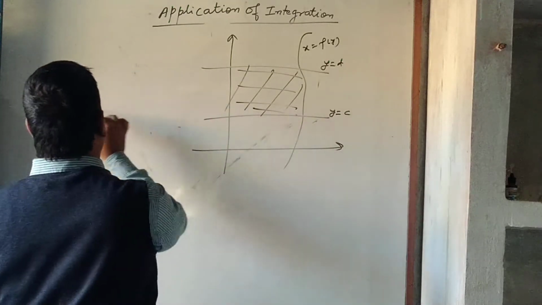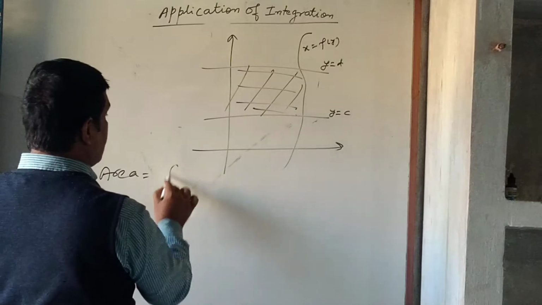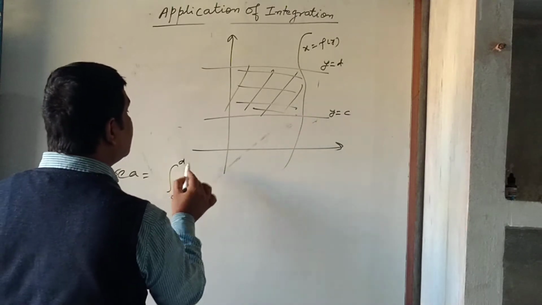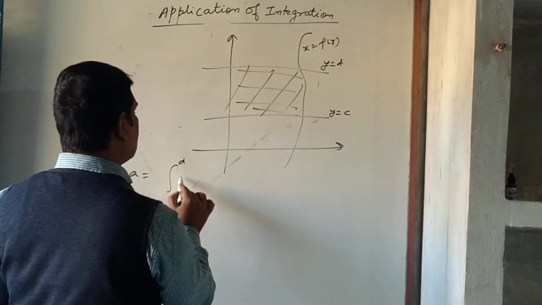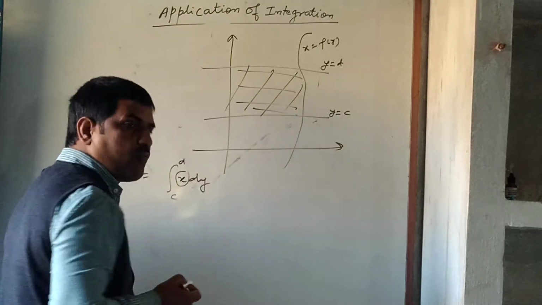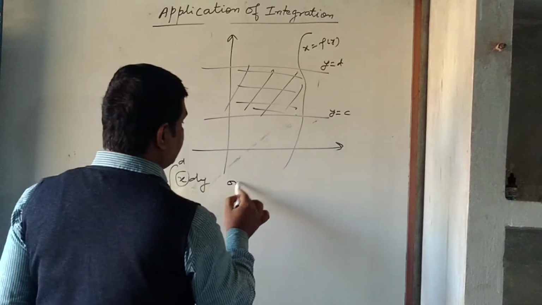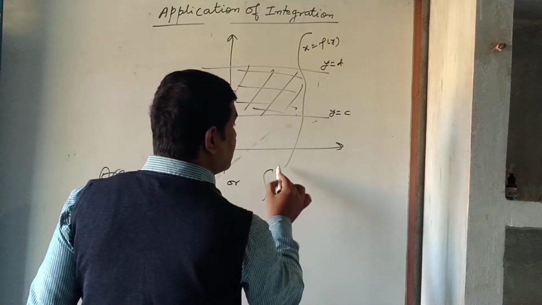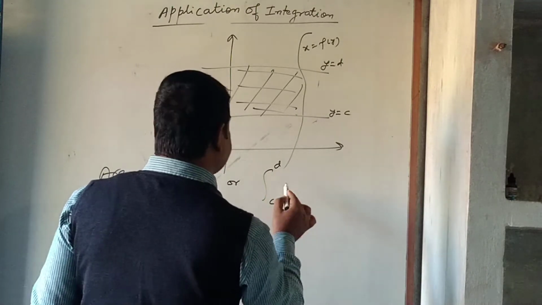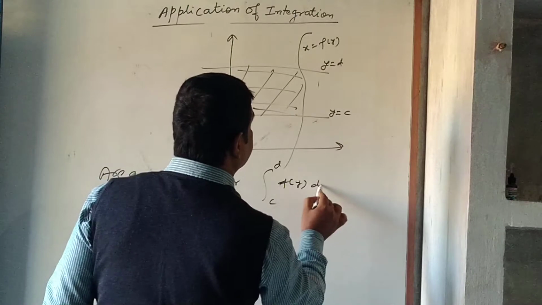So in this case, what will be the area? This area will be given by the integration, with limit varying from c to d, of x dy. It means we have to find the value of x in terms of y, and then integrate it. Or the same can be written as the integral from c to d of f(y) dy.